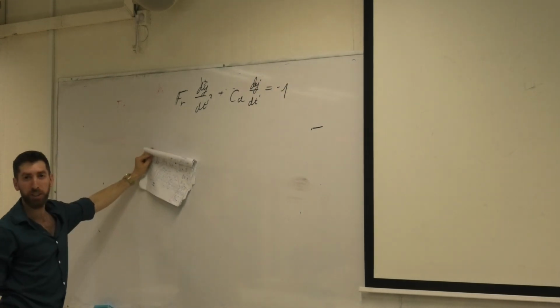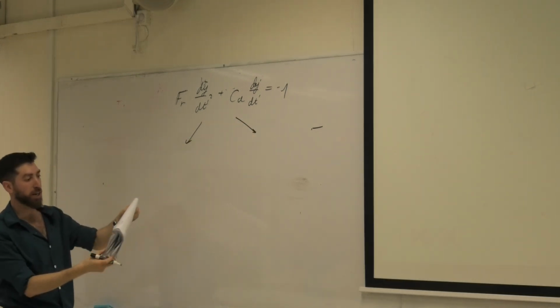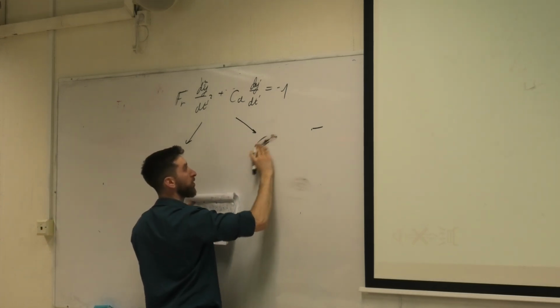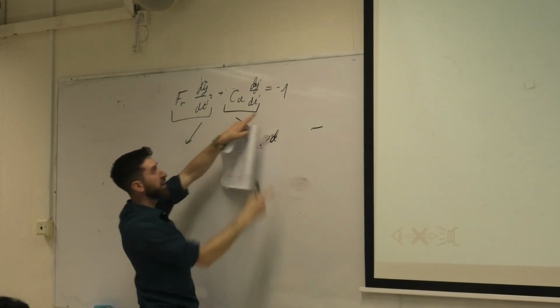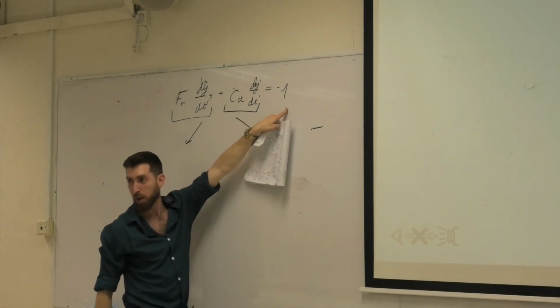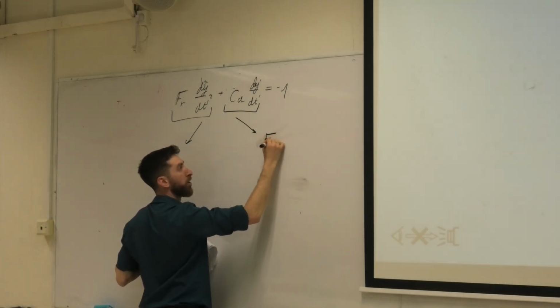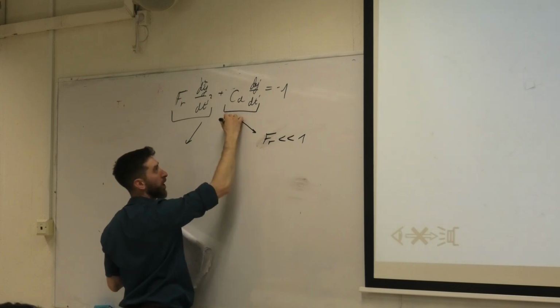And I want you to see something very interesting. If we consider a case when CD is very strong, together they are building the -1, right? But let's say that the Froude number is very, very small, which means this term is actually what?